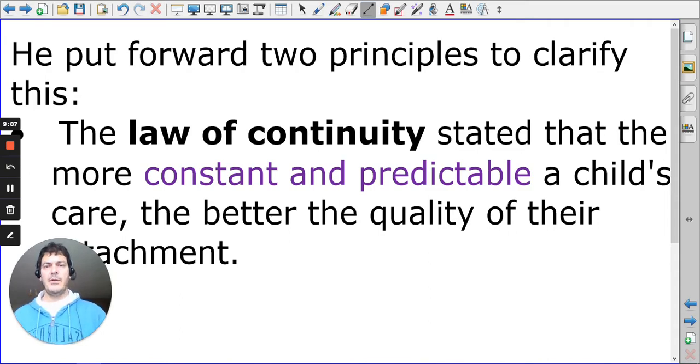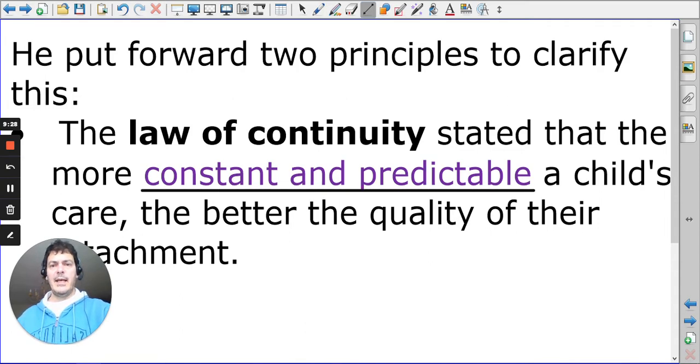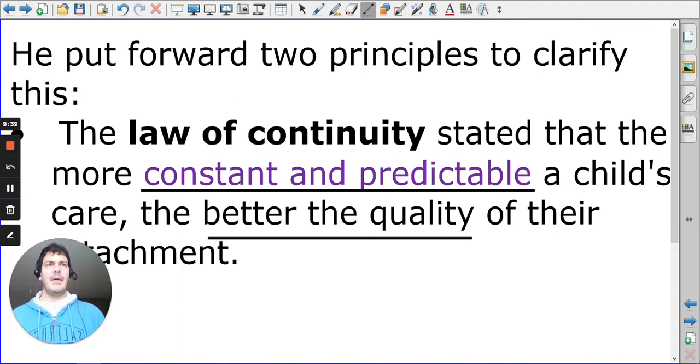Okay, so of course, if the child is having multiple people caring for it repeatedly, this may well actually be a slight problem. So in terms of building the monotropic relationship, it needs to be continuous, constant and predictable, and if it is, it has better quality attachment. So in other words, if the mother stays at home, looks after the baby, it's going to have a better quality attachment.